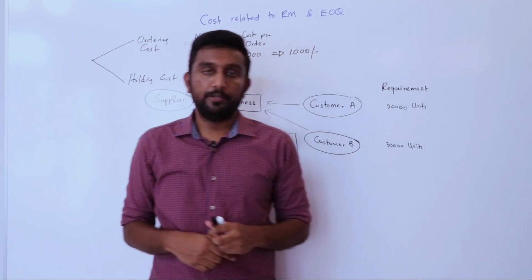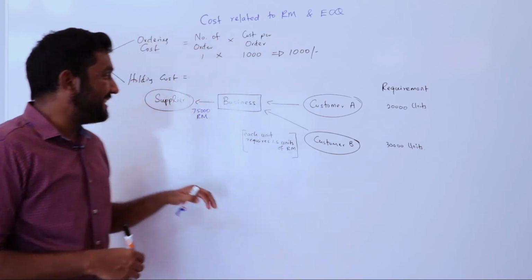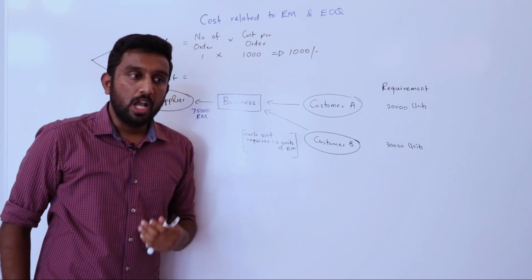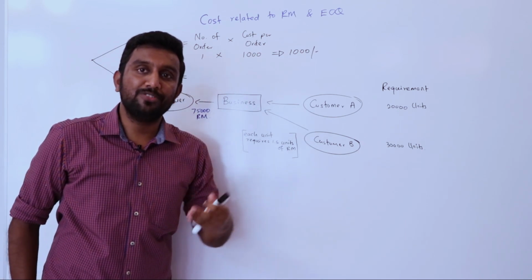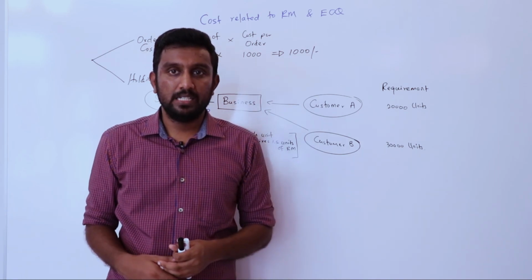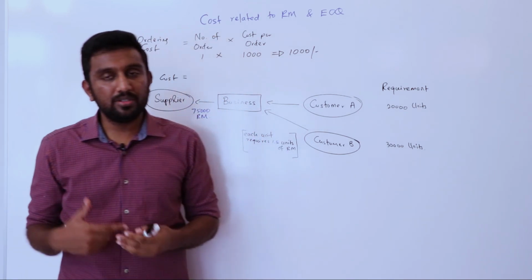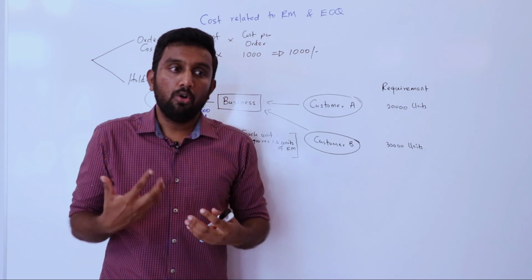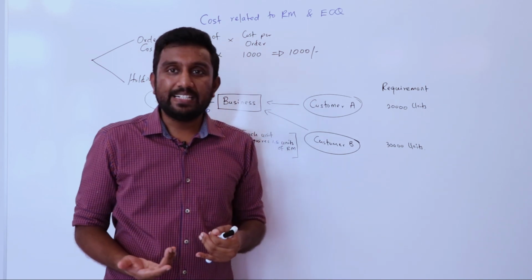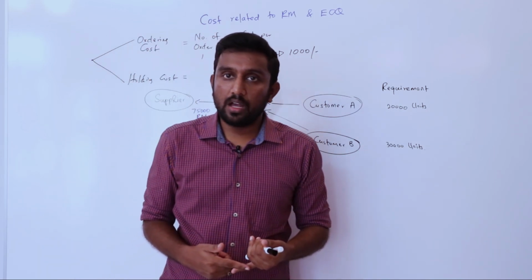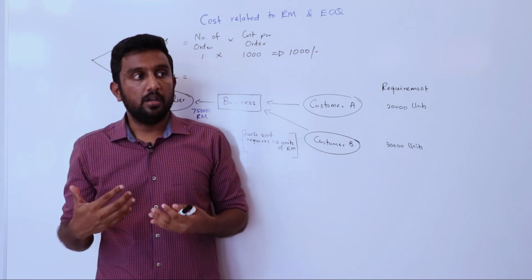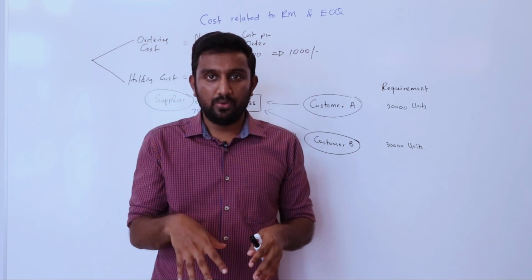Now holding cost. We received 75,000 units of raw material, which we have to hold or store in our warehouse. It means we need a huge space. And this holding cost is related to the holding, storing or warehousing cost, which includes rent for the warehouse, the security cost, and any cost related to the warehousing.